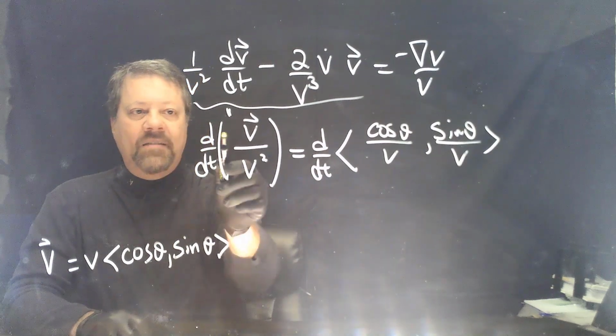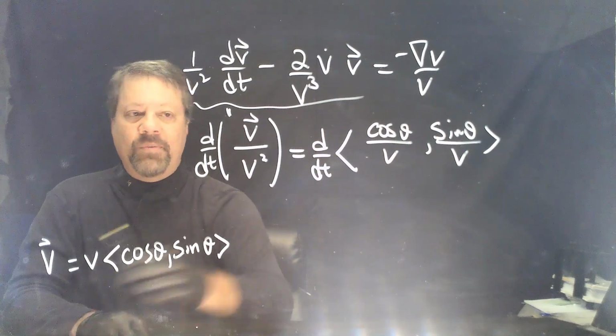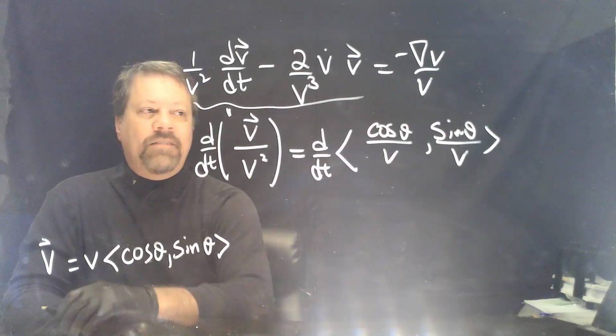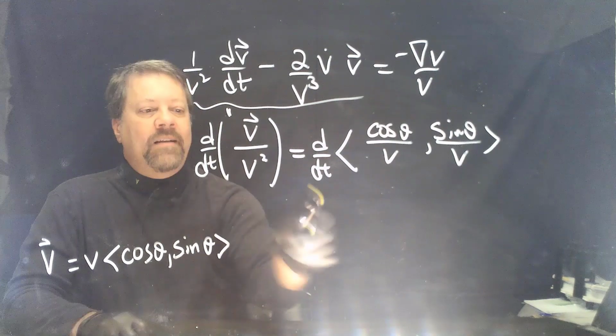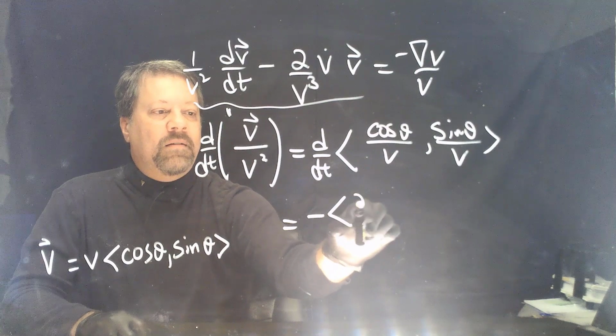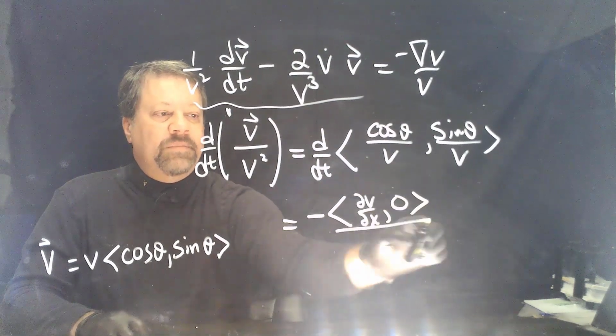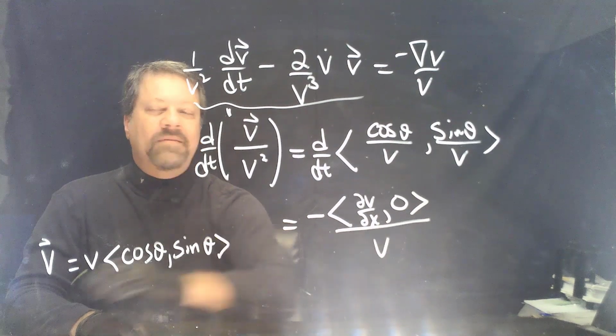This v up here will cancel one of the v's down here, leaving a v to rescale each of the coordinates of this directional vector, keeping in mind that that's equal to minus dv dx, comma 0, divided by v.